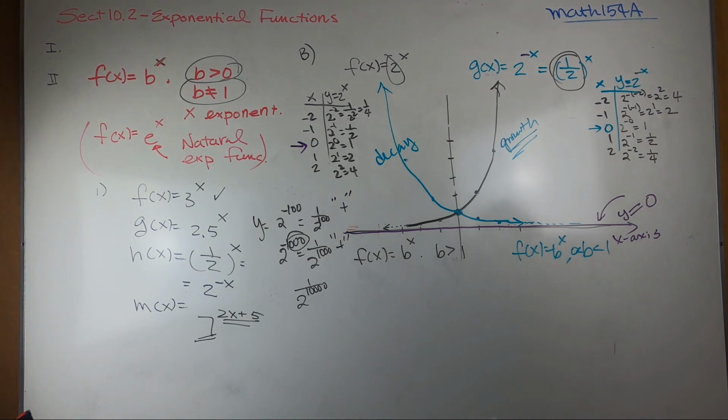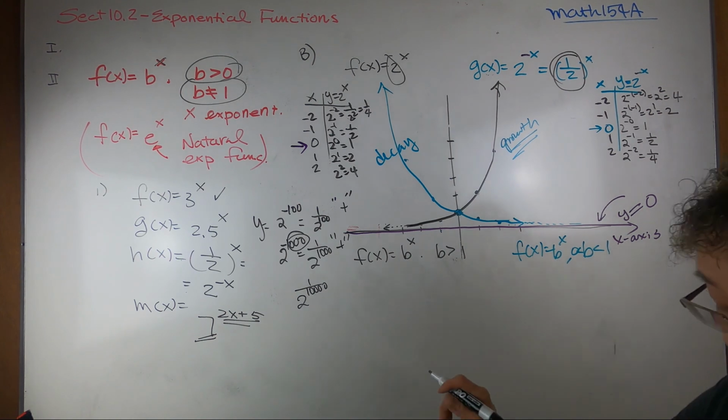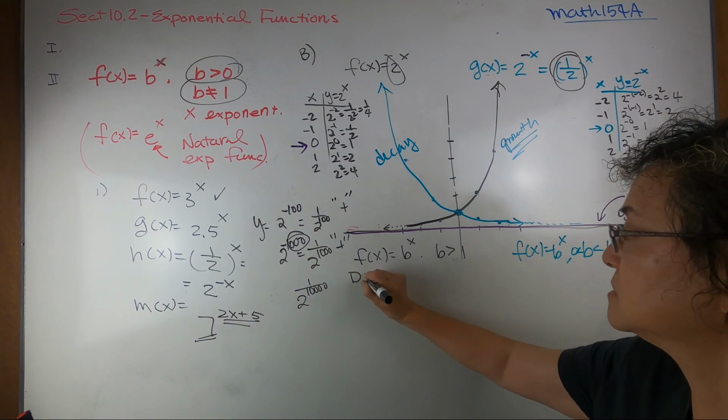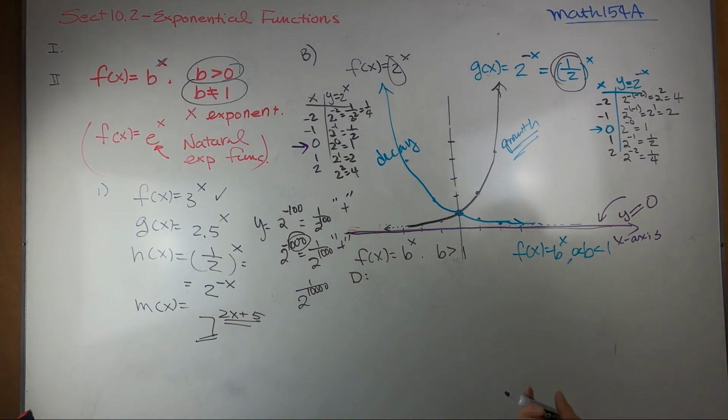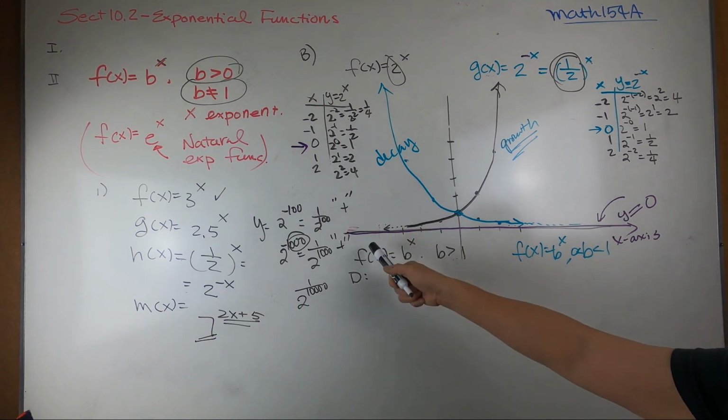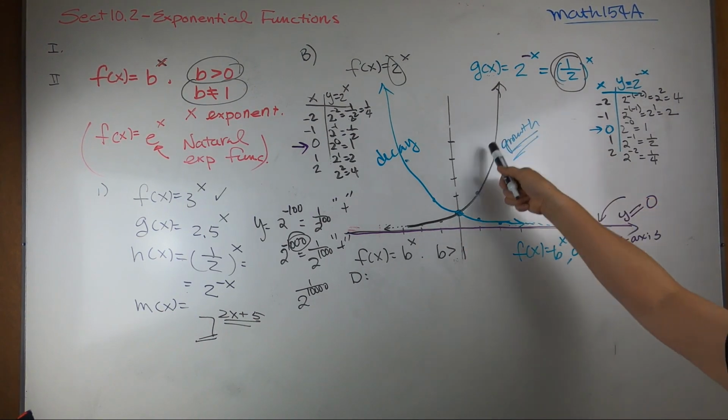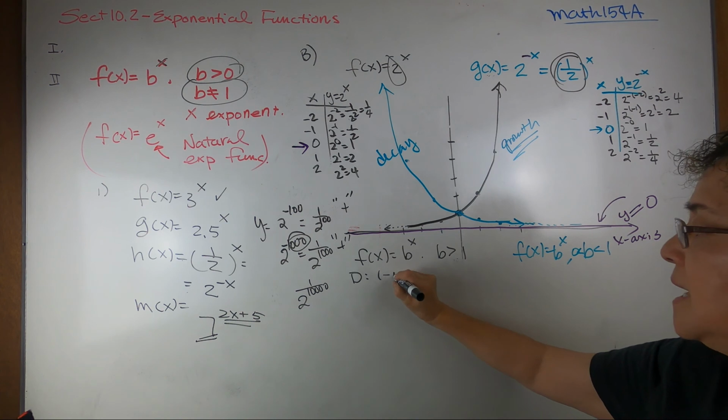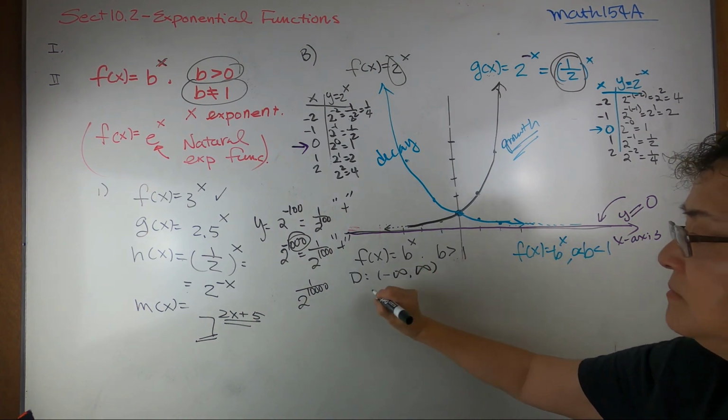Right? So, let's find out their characteristics for those. What's your domain? For functions, we always talk about domains and ranges, right? So the domain for this one, the black one, for x, is all real numbers.